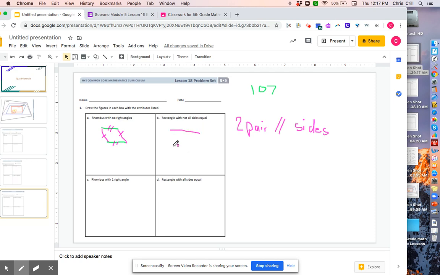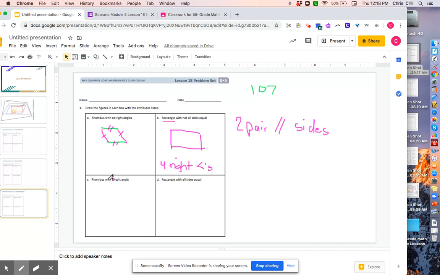So traditional rectangle, one pair of parallel sides, a second pair of parallel sides, and because it's a rectangle, I must have four right angles, or 90-degree angles. Four right angles. That's a symbol for angles.